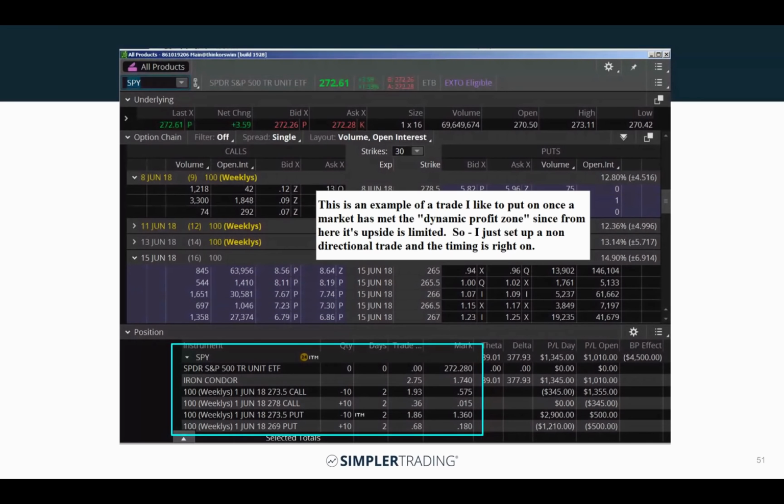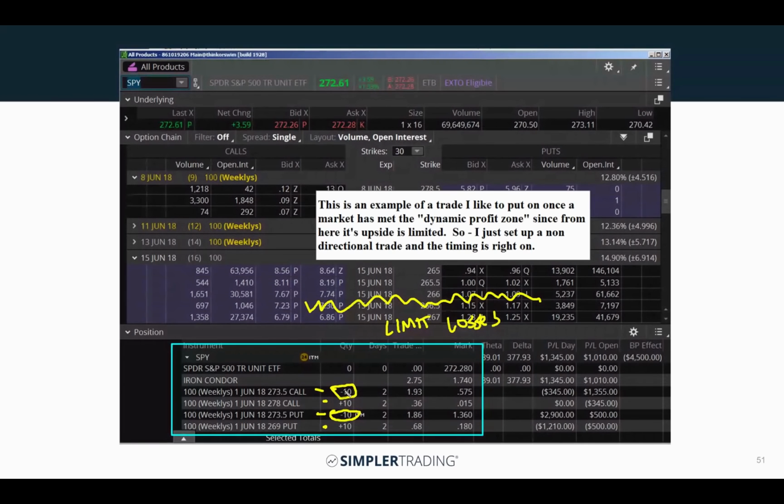But the whole idea of this is that really what I'm doing is I'm selling the 273.50 call, and I'm selling the 273.50 put, because I think both are going to lose value as the SPY trades sideways. Okay, and the reason for buying the 278 call and for buying the 269 put is to limit losses in case of a crazy move. All right, so an iron fly is essentially a straddle.